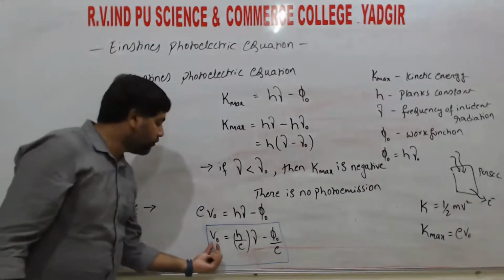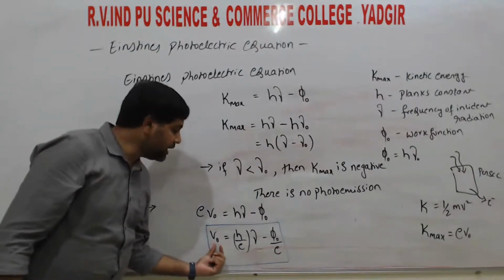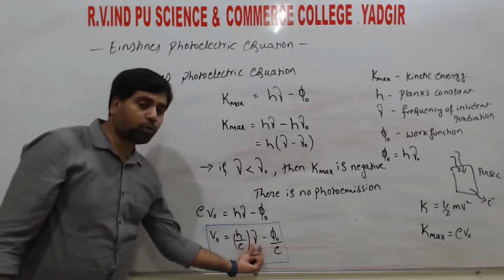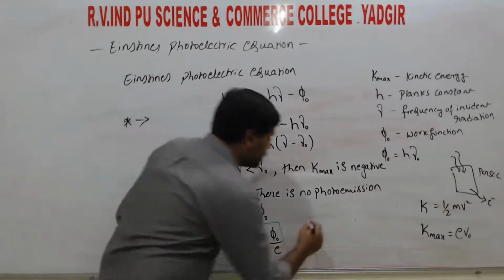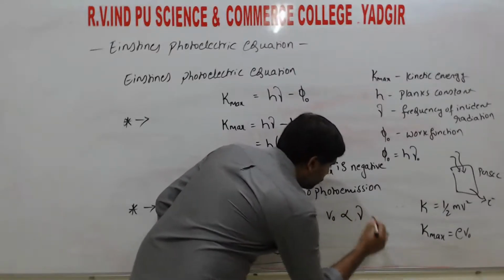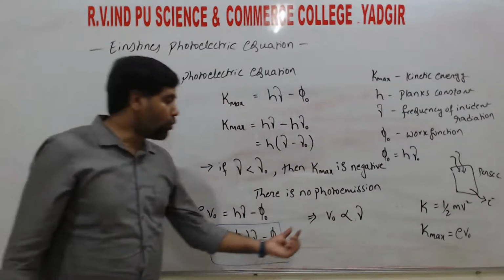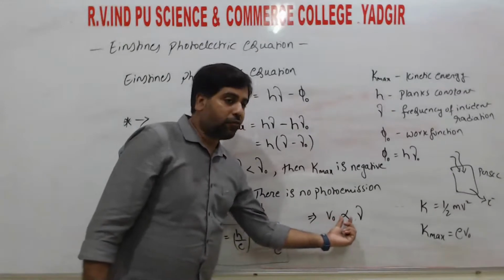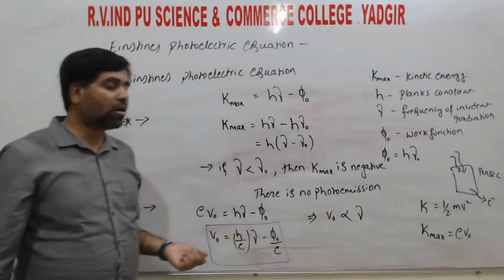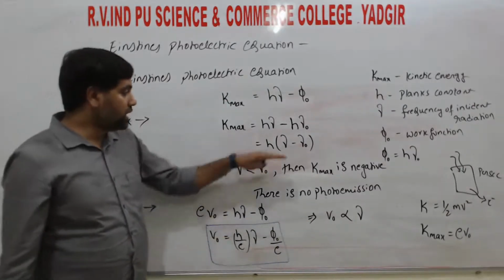This means that V naught varies linearly with nu. That is, V naught is proportional to nu. We can write it like this: V naught is proportional to nu. That means the stopping potential varies with the frequency of the incident radiation or incident light.